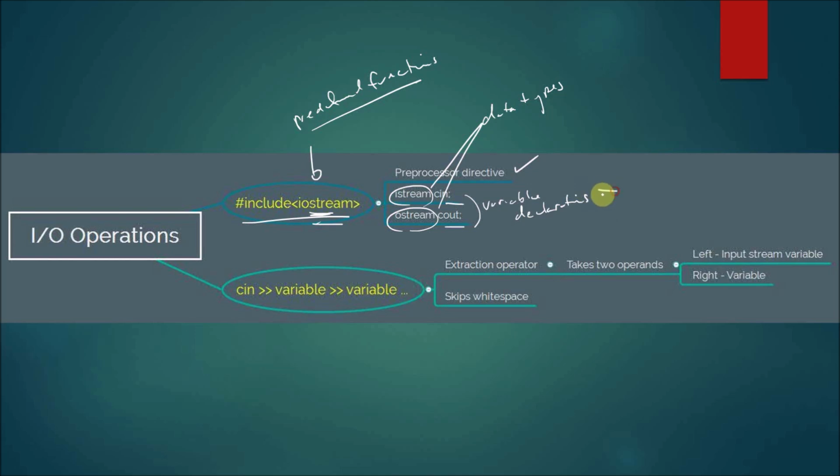The very first, cin, is what's also known as an input stream variable. The second one, cout, is what's known as an output stream variable. Cin stands for common input. Cout stands for common output.